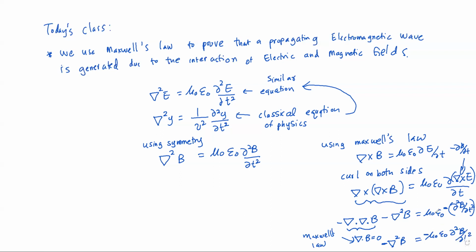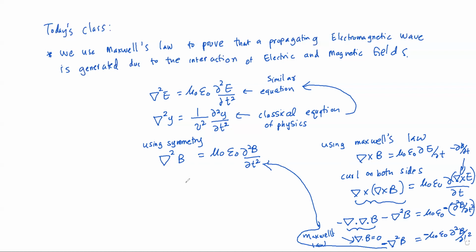Since we have minus signs on both sides, we can cancel out the minus signs. Once we cancel out the minus signs on both sides, we are left with this expression finally, by solving those equations.